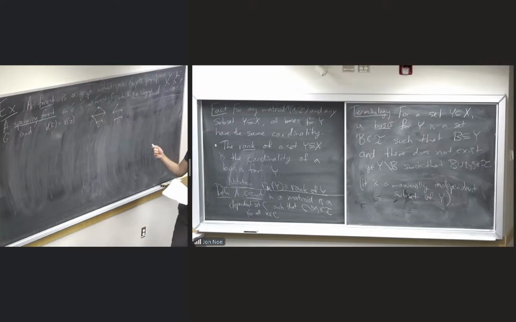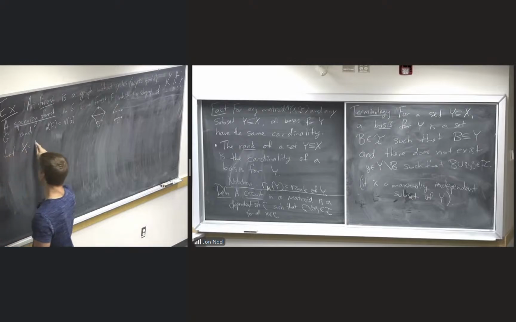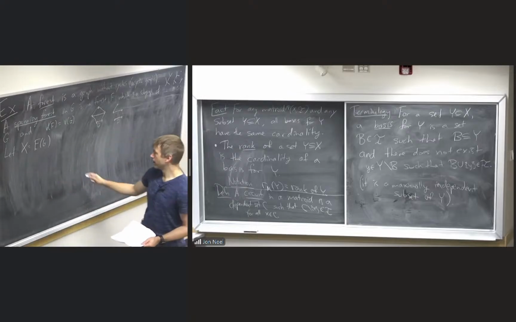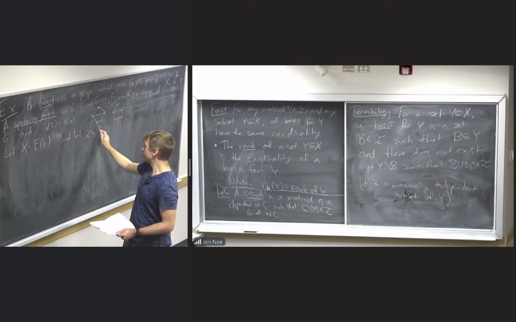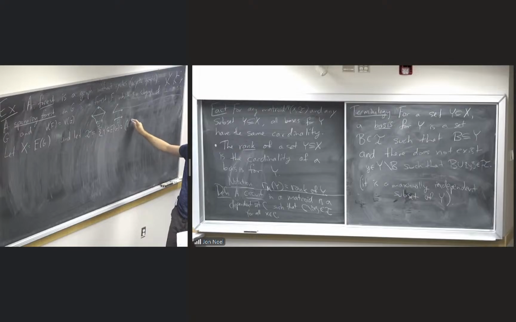So here's an example of a matroid, and then we'll explain why it is a matroid. Let X be the set of edges of G for some graph G. And let I be the set of all, let's say, Y, which is a subset of the edges of G, such that the graph consisting of the vertices of G and the edges that are in Y is a forest.